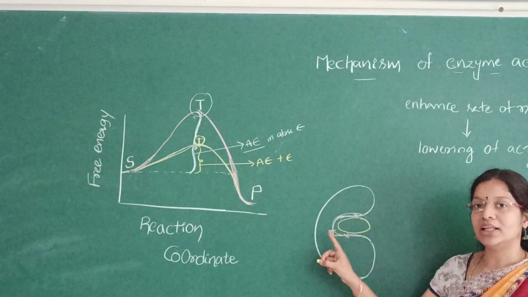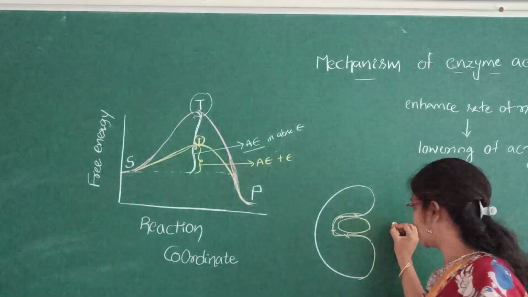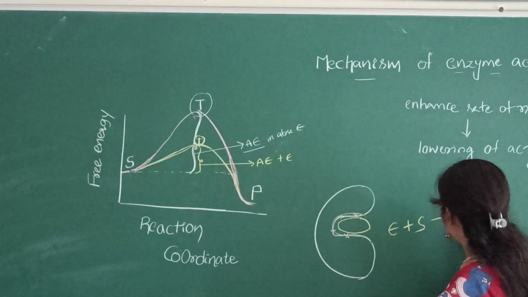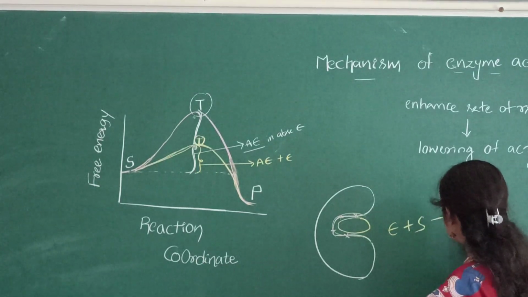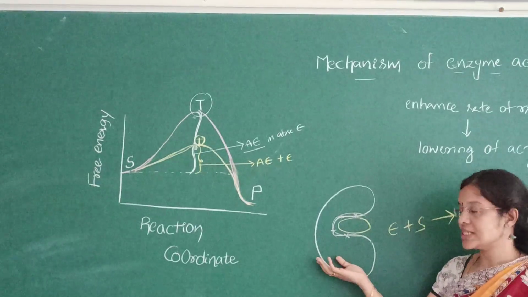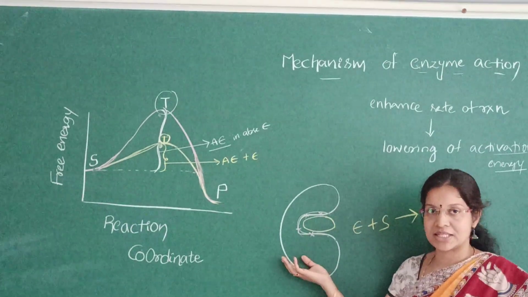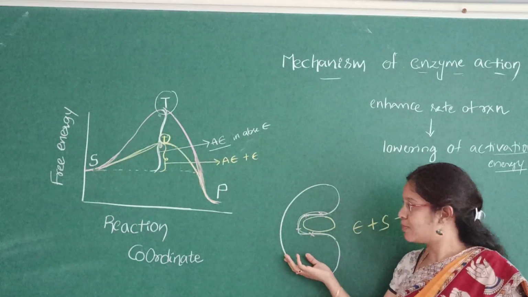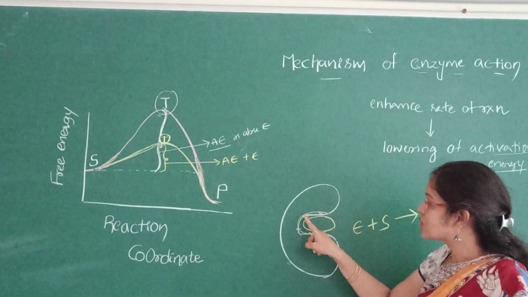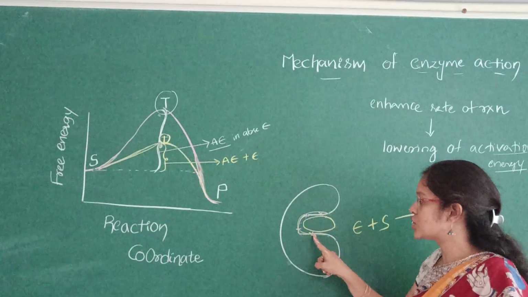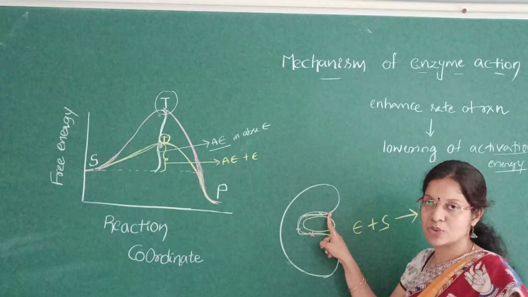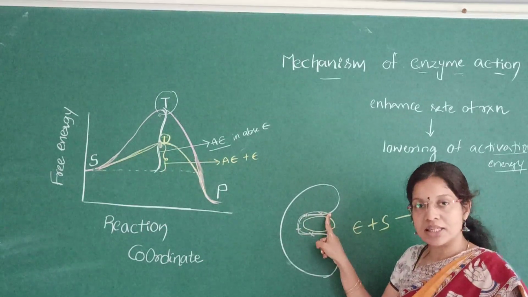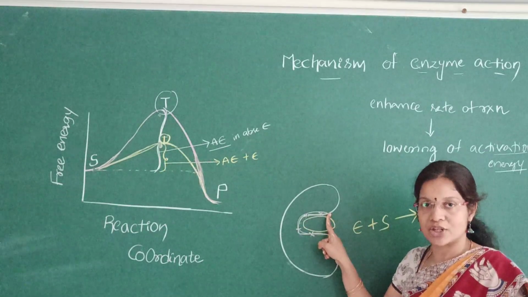You call this the enzyme substrate complex. Binding of the substrate to the enzyme produces the enzyme substrate complex. Once it is formed, the substrate is going to interact with the functional groups present in the active site. These are weak, non-covalent interactions.